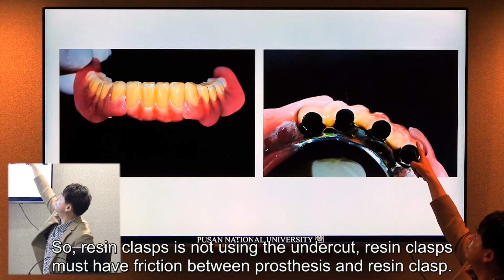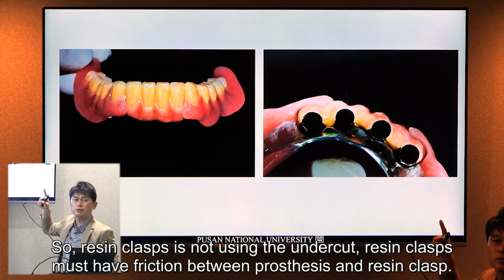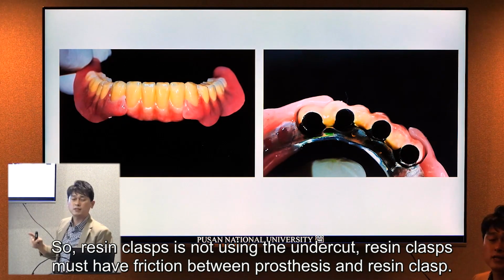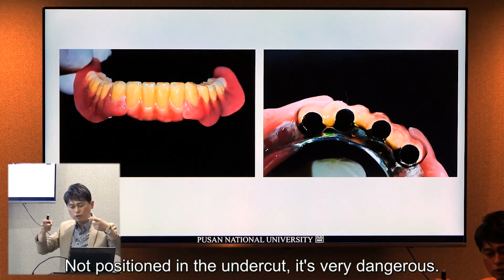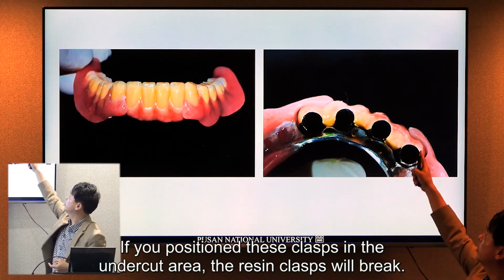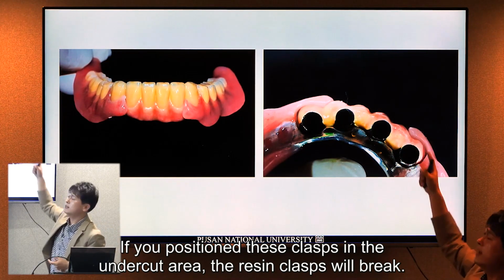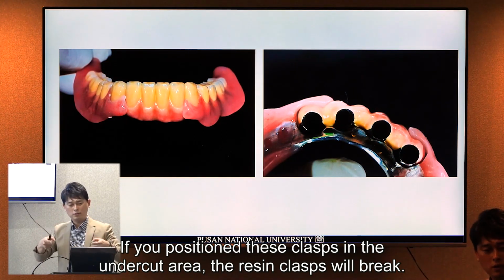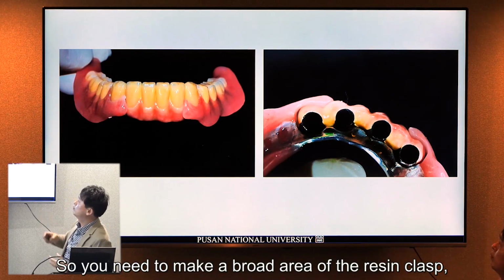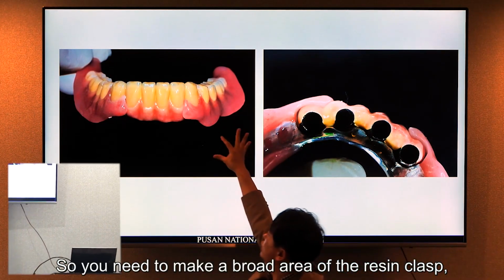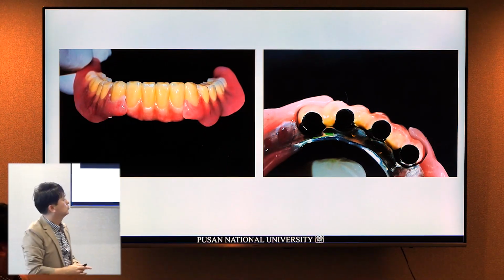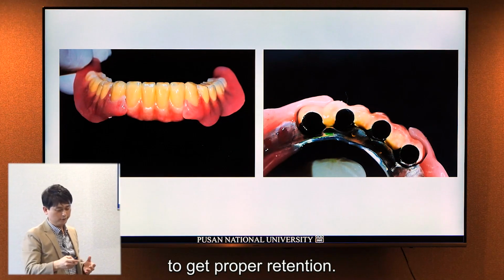A resin clasp has to use the friction between the prosthesis and the resin clasp, not be positioned in the undercut. It's very dangerous. If you position this clasp in the undercut area, the resin clasp will definitely be broken. So you need to make a broad area of the resin clasp to get proper retention.